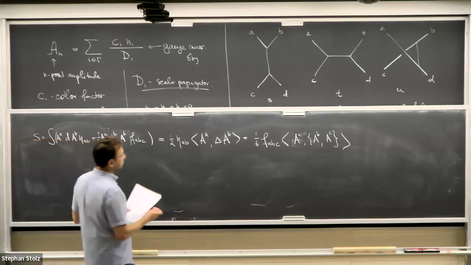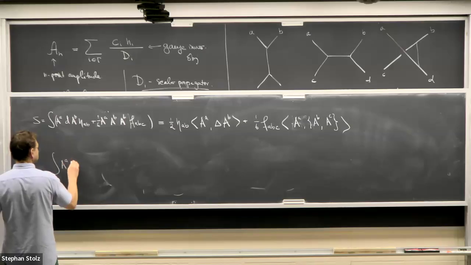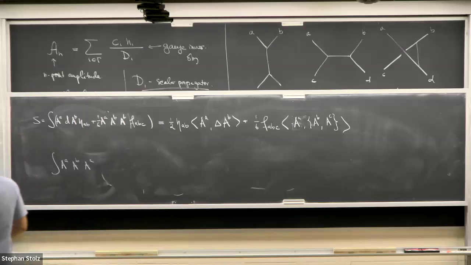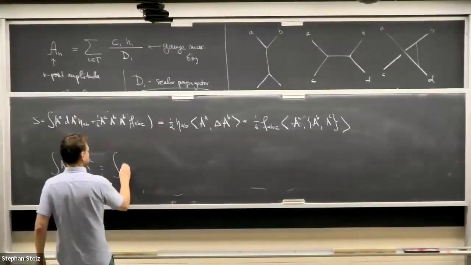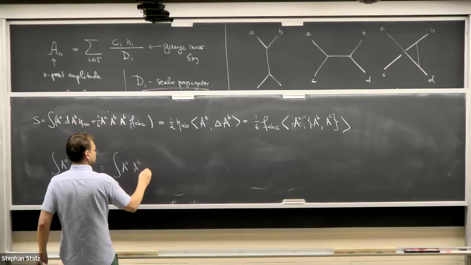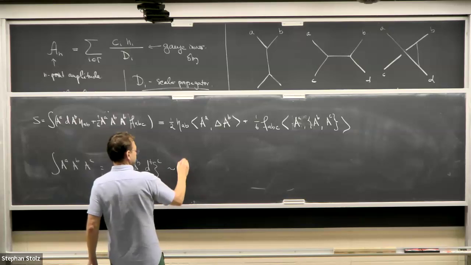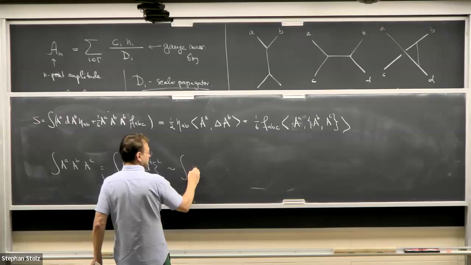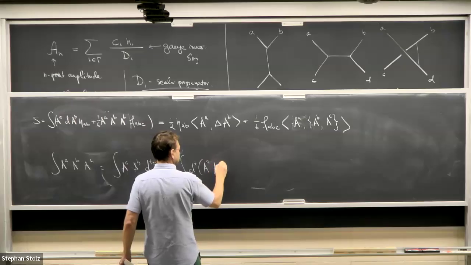So basically, when I'm looking at this term, A, B, C, I know that I'm evaluating on the image of the dagger. So I will have something like A, B, D dagger of psi C. Then I can write this as follows: D dagger, although it's not a derivation, satisfies the property of the integral Stokes theorem.